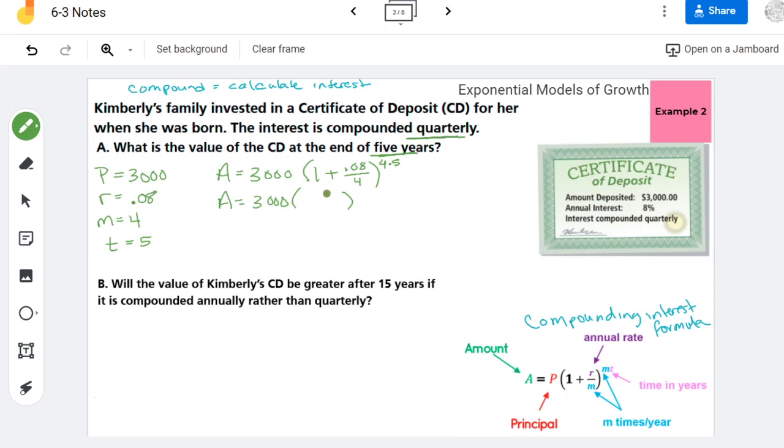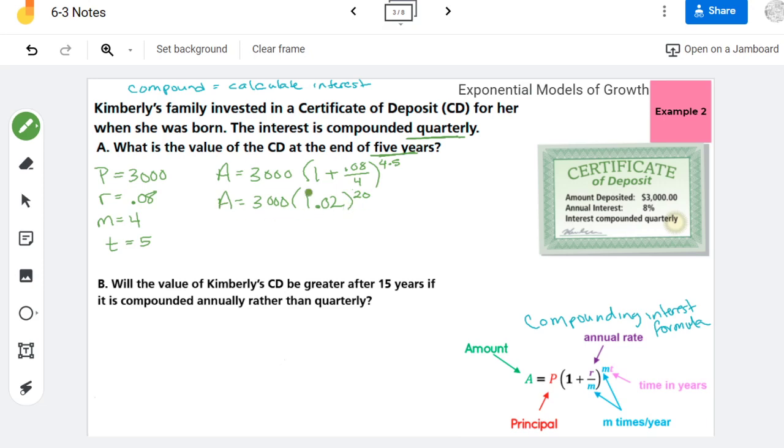Here in the parentheses, 0.08 divided by 4 is 0.02. If I add 1 to that, I get 1.02, which is a lot easier to type into the calculator. And for my exponent, 4 times 5 is 20. Now that is something that's doable.